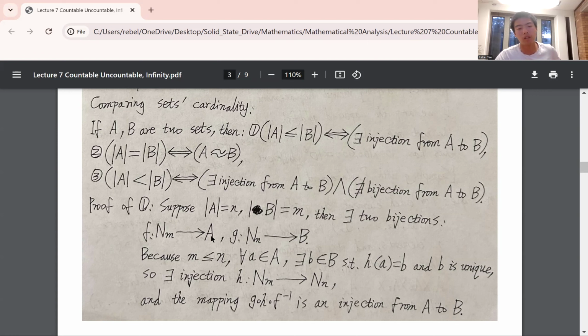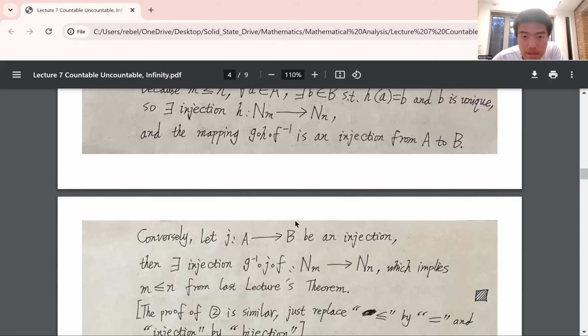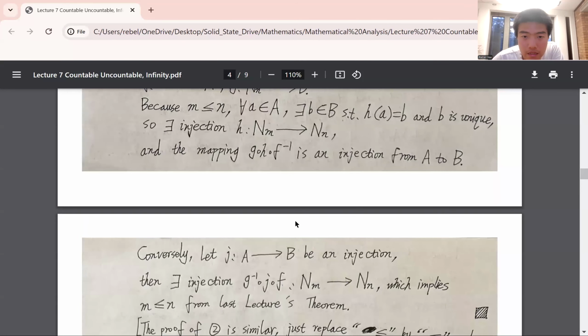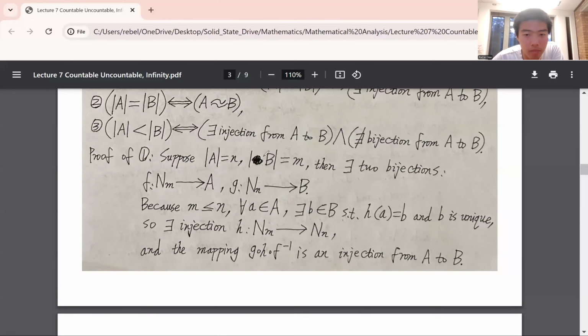This is by definition: if A's cardinality is N, then we can map A into N, and B into M. And in this case, this must be a bijection, and this must be a bijection.